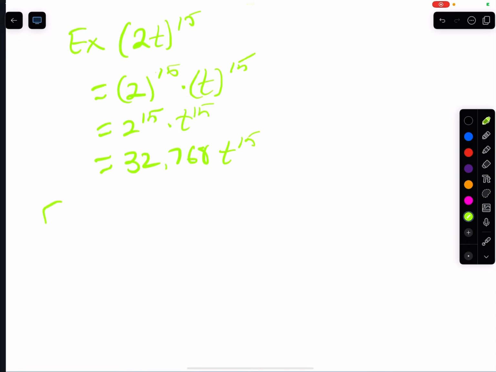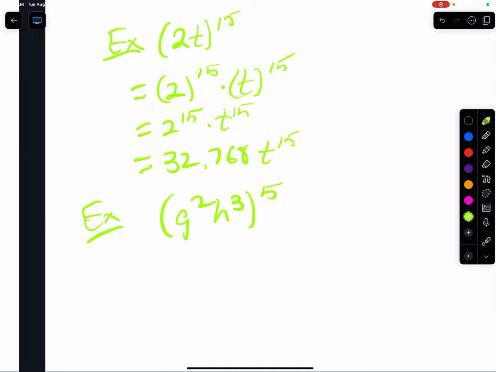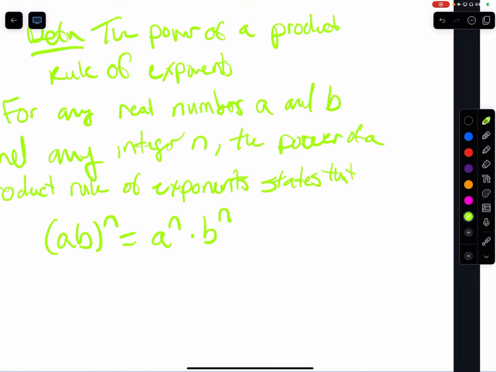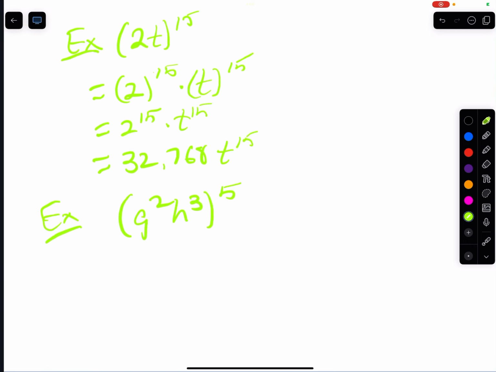Okay, let's try one more example. Let's imagine we have g squared h to the 3rd power, all raised to the 5th power. Well, let's go back for just a second to see that anything raised to the n power, that product can also be split off and raised to the n power.